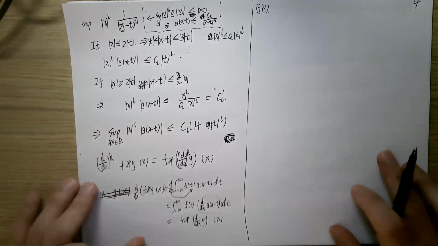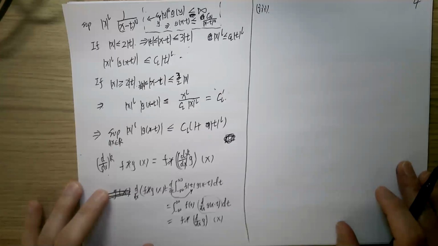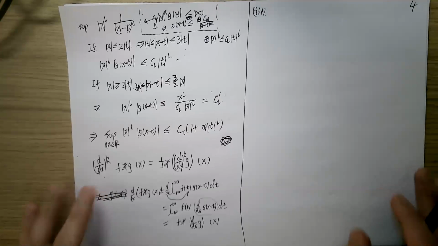Okay, then let's try to prove 3. For 3, let me use a slightly tricky way to prove it. If you really want, you can try to write it in your own way, but this is slightly tricky because in the future we will use this kind of trick again.